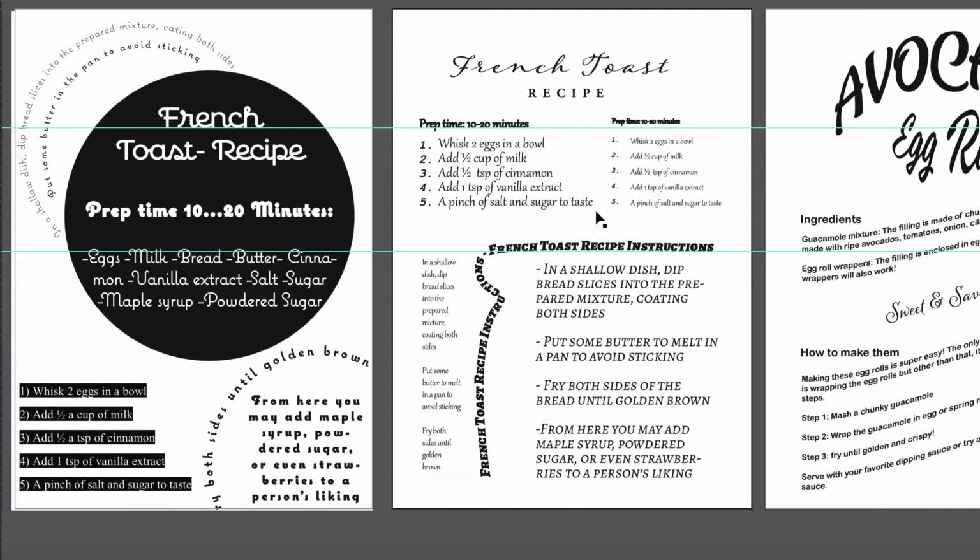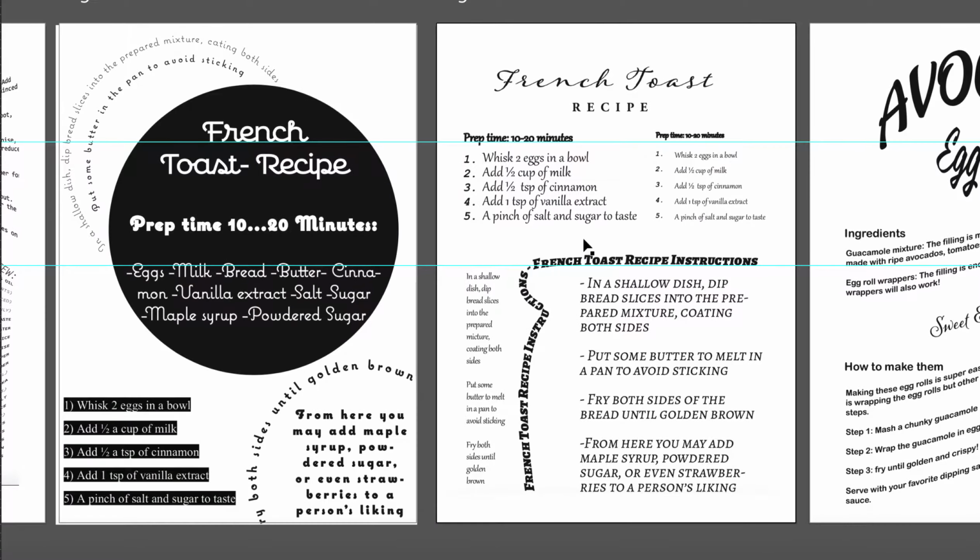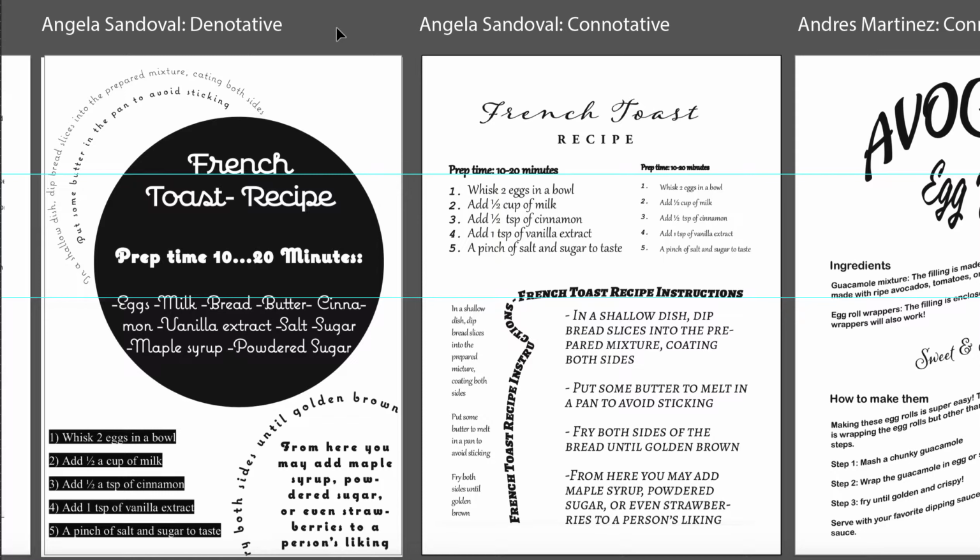All right. So let's go to your connotative, or I'm guessing this is your denotative, right? Okay, you know what? I'm gonna assume that this is your connotative and this is your denotative.